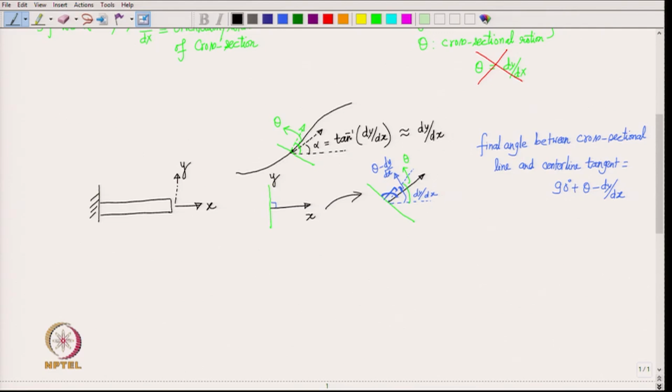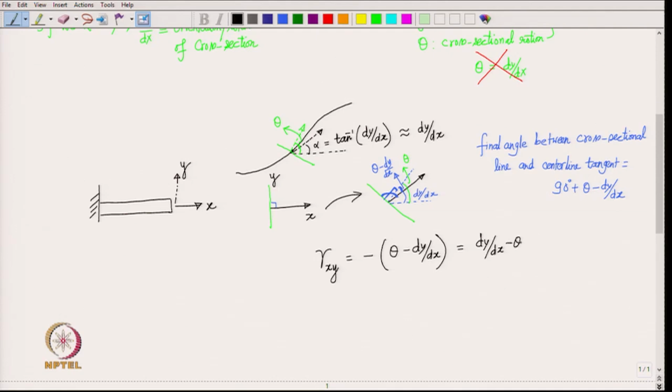The shear associated with the cross sectional line and center line tangent would be gamma x y, and its value is the negative of the increase in angle. That is negative of theta minus dy by dx, which is dy by dx minus theta.